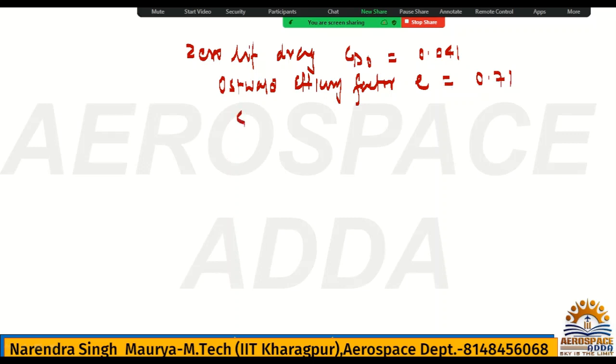Stall speed is also given. Remember, stall speed is used whenever it is required to calculate maximum lift coefficient.